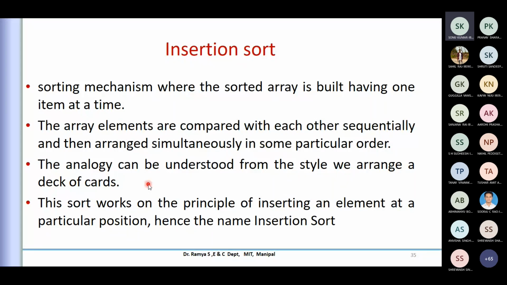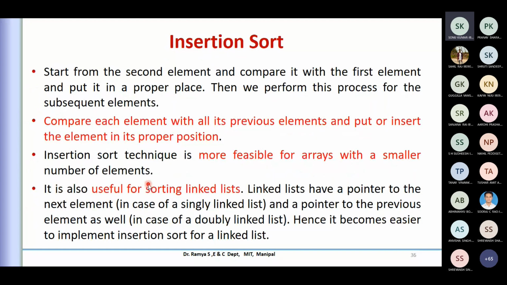Now let us see more on this. Compare each element. This is where you have the difference with bubble sort. Wherever the iteration starts, from there you go to all the previous values and compare them, and see where your actual element, which is a key, exactly fits in.